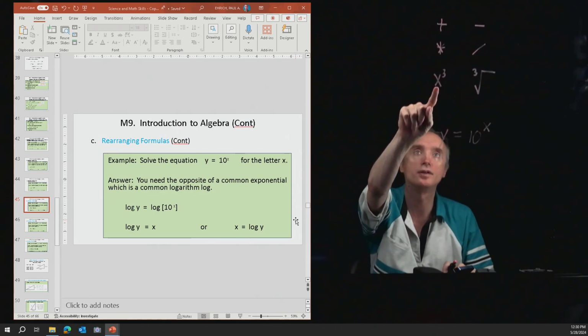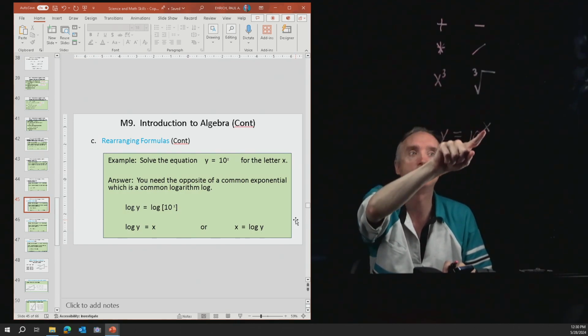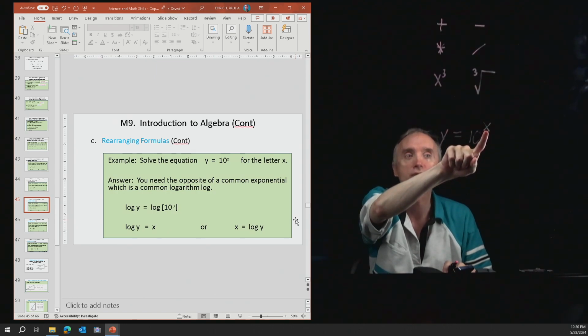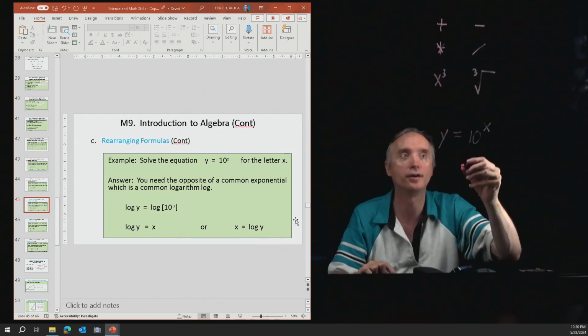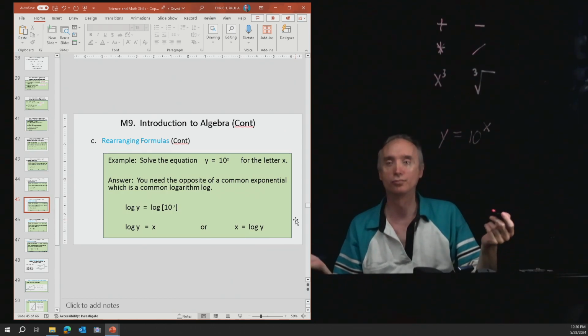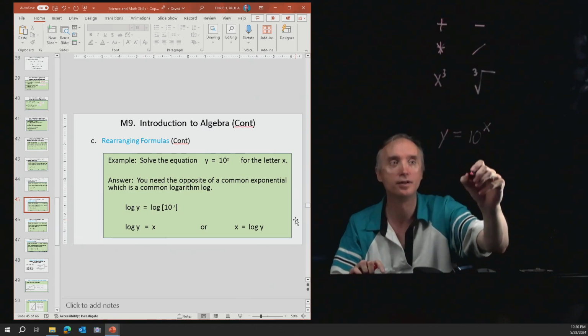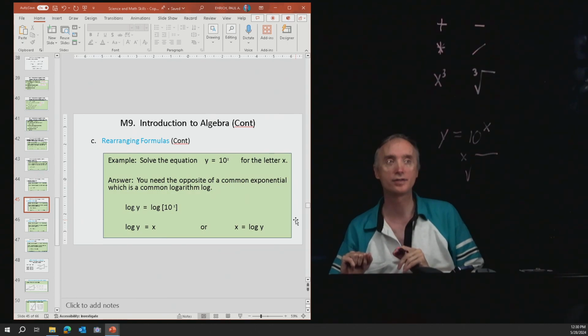So this one was, the variable was down here and you raised it to a certain power, but this time the variable is up here. So we cannot just say that this is like the x root of it. So you can't just do this to both sides. So that's not going to work.